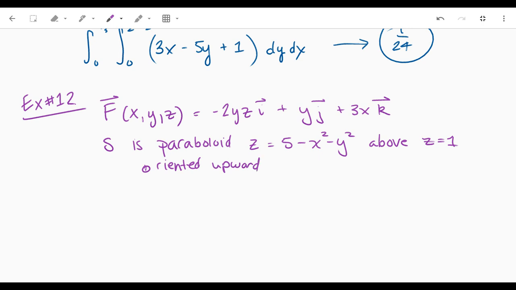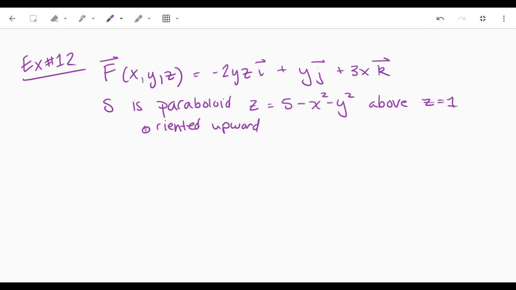All right, so let's draw this paraboloid, first of all, so we can get the pieces that we need here. We can see the axis will be in the z direction. If x and y are both 0, z is 5. That's the vertex of your paraboloid. Since we have the negative x squared and the negative y squared, it opens down.